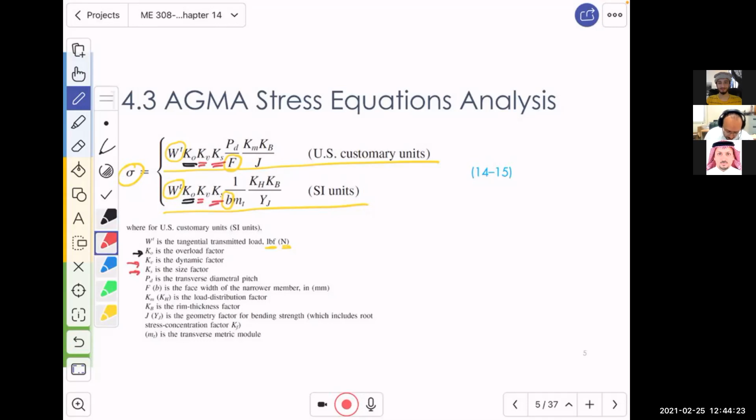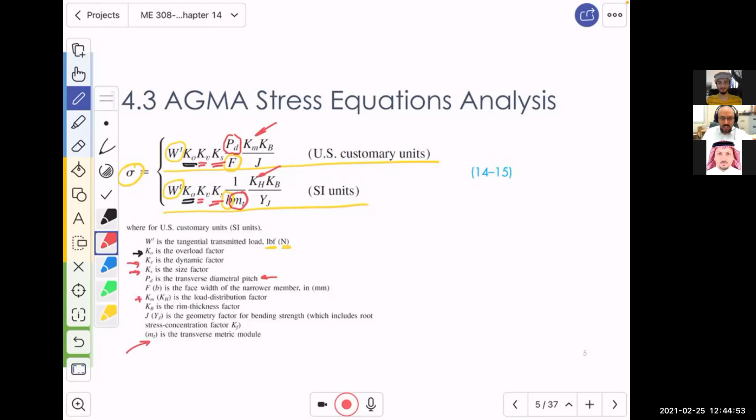Okay. And then over here, we have the transverse diametral pitch, or in millimeters, we have mt, which is the transverse metric module, right? You know that they are kind of the inverse. So this is why one of them is up and one of them is down. Then we have Km over here, equivalent to Kh.